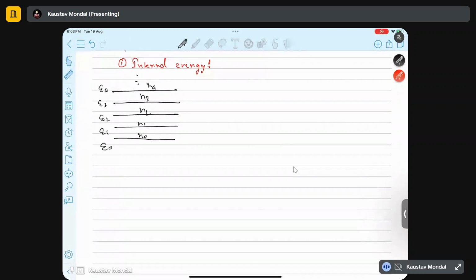If this is the way the particles are distributed among the energy levels, then the total energy E would be the summation over i of Ni Ei, with i running from 0 to N. So N0 into E0 plus N1 into E1 plus N2 into E2, likewise. Basically, the energy of each state multiplied by the number of particles that exist in that particular energy state.